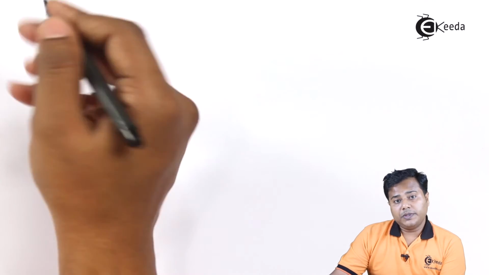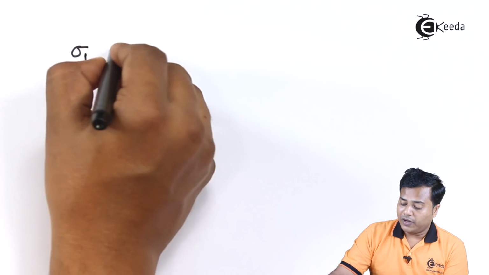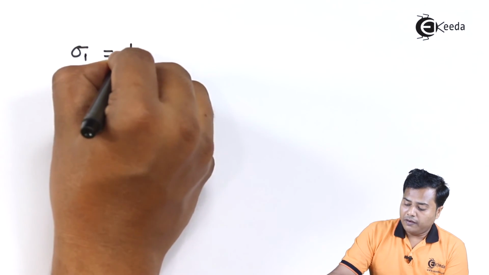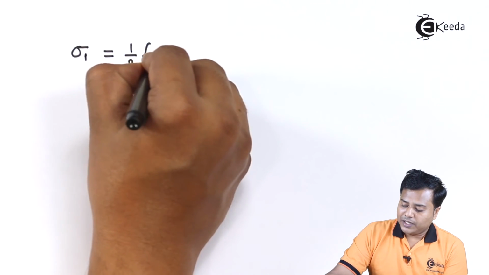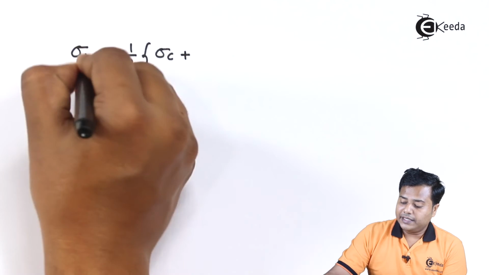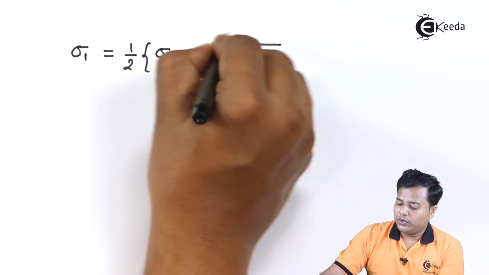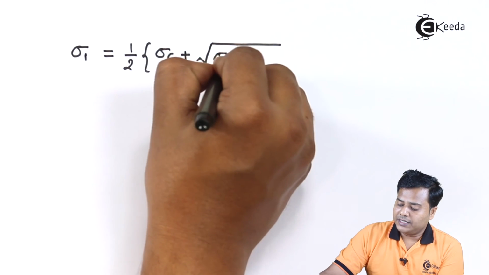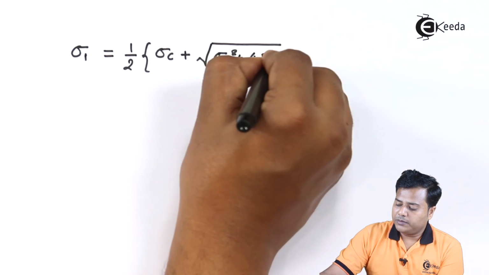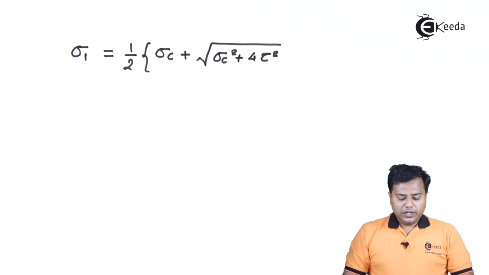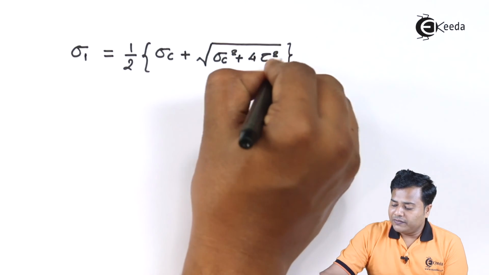So we know that the maximum principal stress, generally denoted by sigma 1, will be given by half. Now there are different forms of this formula. We can go for the simplest one: sigma c, since it's the maximum one I am considering the plus sign, plus the square root of sigma c square plus 4 times tau square. Now using this particular formula we are going to substitute the values which are associated with us.